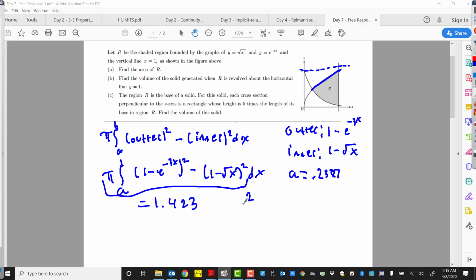Now, there are a few things. You could get -1 if you reversed it. So if you did these in the wrong order, you could have gotten -1. If you would have gotten something wrong with the constant there, so -1 if the constant.